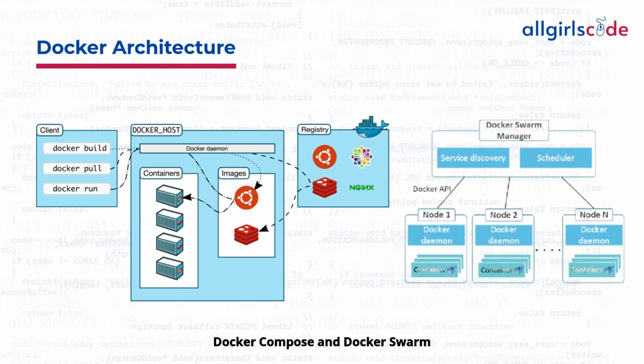Docker Compose and Docker Swarm extend Docker's capabilities. Compose orchestrates multiple containers on a single host, while Swarm clusters hosts into a single virtual Docker host. In enterprise settings, many teams also evaluate Kubernetes, but Docker Swarm remains an excellent starting point.